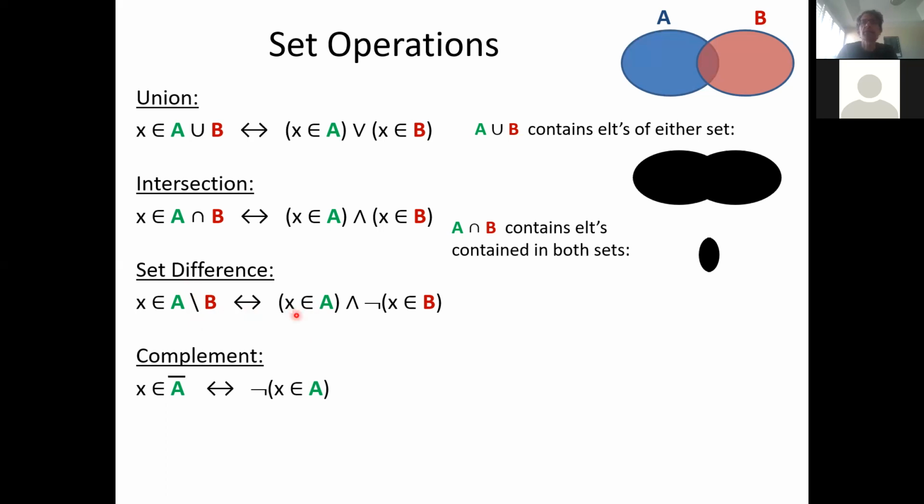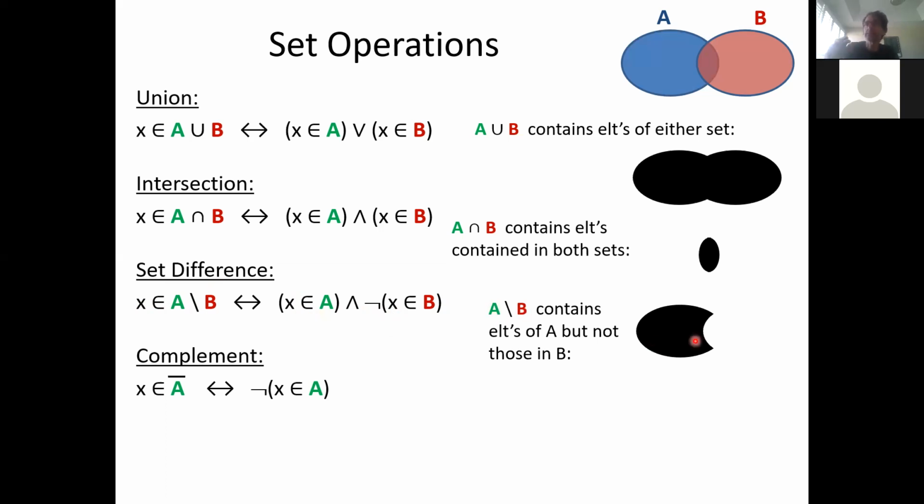A set difference corresponds to the following predicate. Elements of a difference between A and B are x's such that they belong to A and they do not belong to B. In other words, the set difference between A and set B is this area.